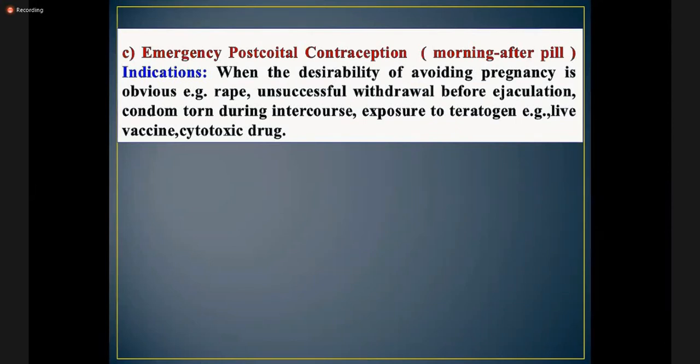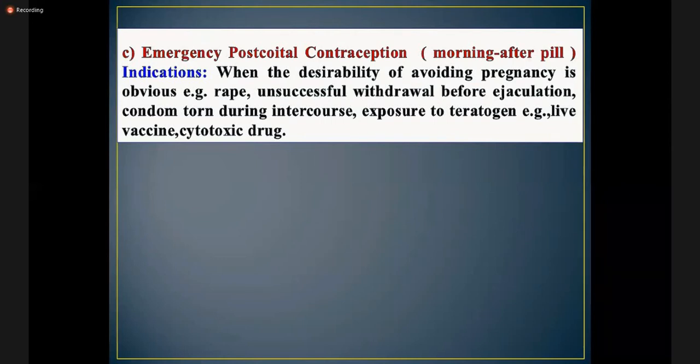Then it will show an effectiveness of around 99%, right? 99%. We have different preparations: we can use estrogen-only pills for this purpose, progestin-only pills, or combination pills.